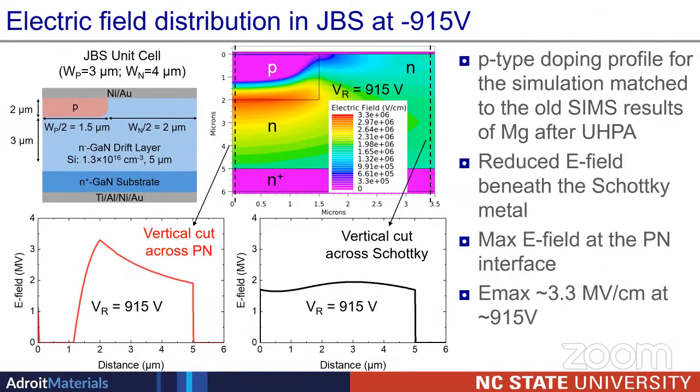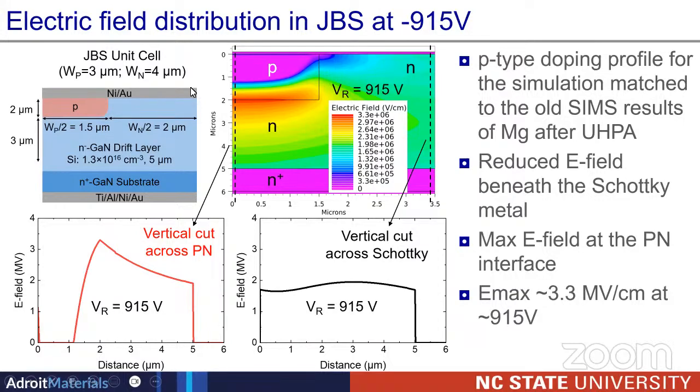When you have a junction barrier Schottky diode, the P region that we implanted and activated pushes the electric field inside the bulk, and that reduces the field at the contact.